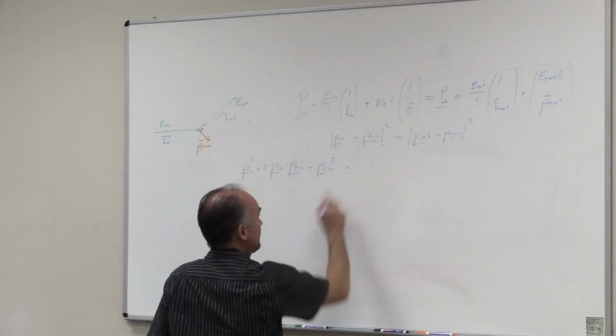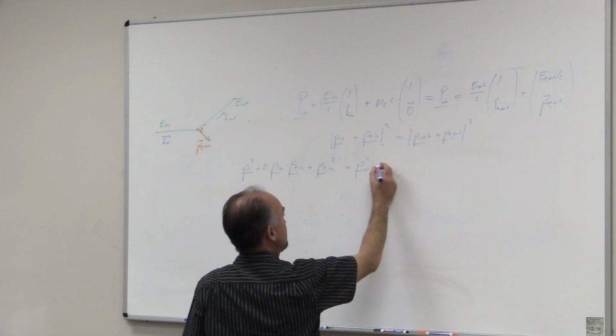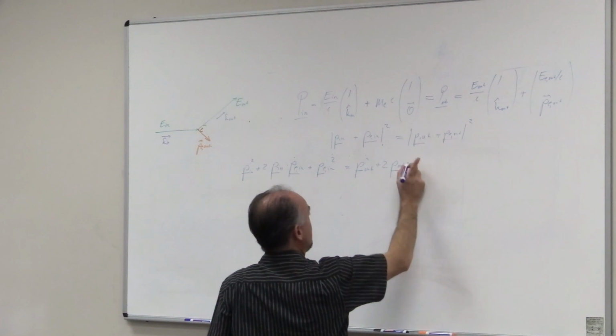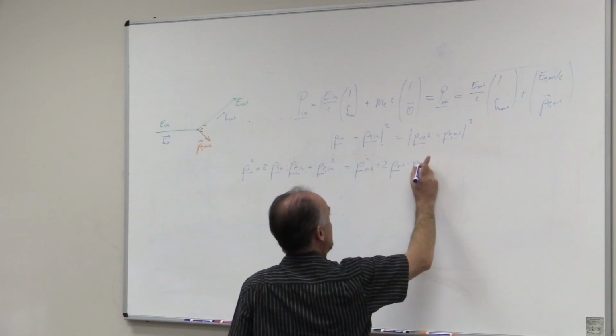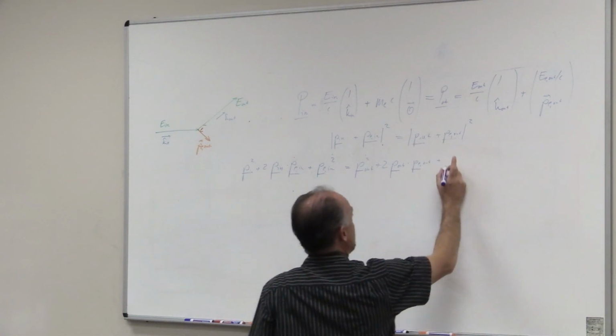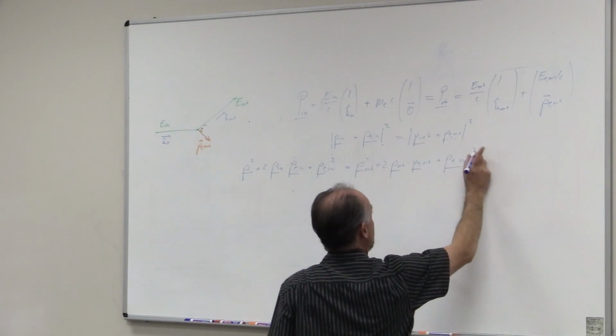And on the right hand side, we have four momentum of the outgoing photon squared plus 2 P out dot P electron out plus P electron out squared.